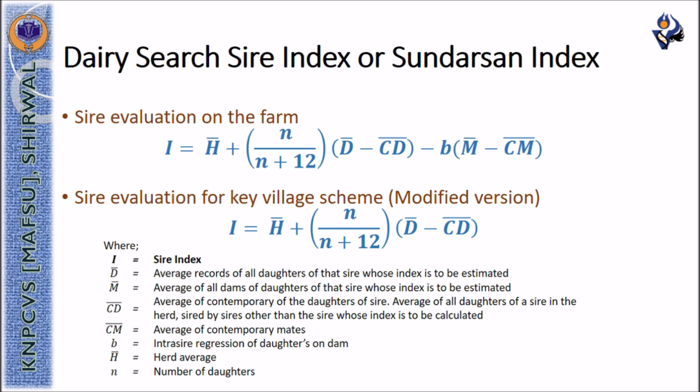And if the sire evaluation is performed for key village scheme, then the formula H bar plus n divided by n plus 12 multiplied by D bar minus CD bar is used. This is also termed as modified version of Sundarsan Index.